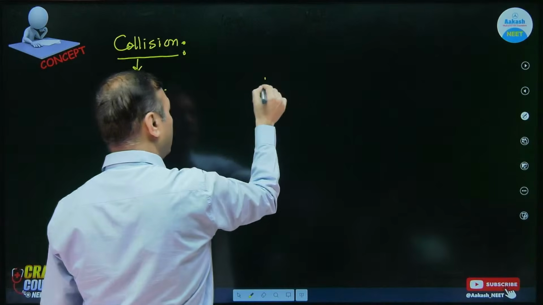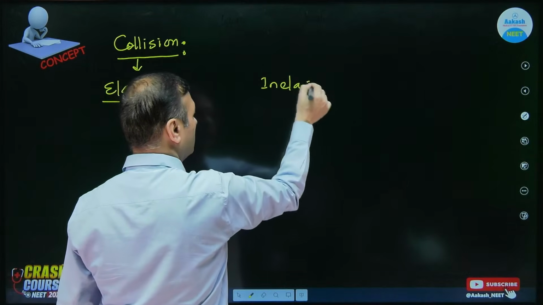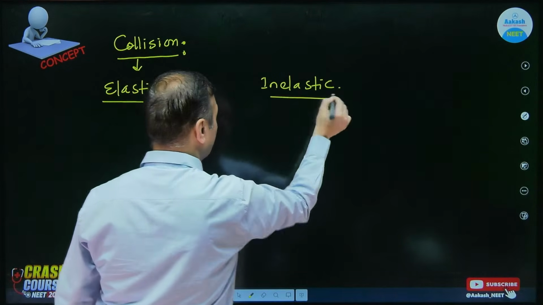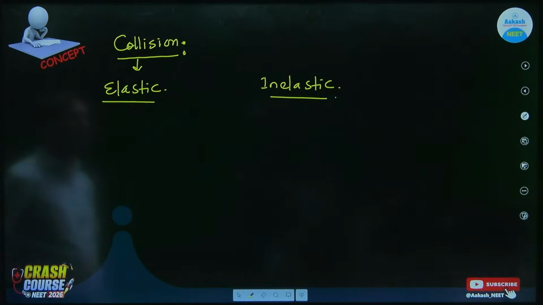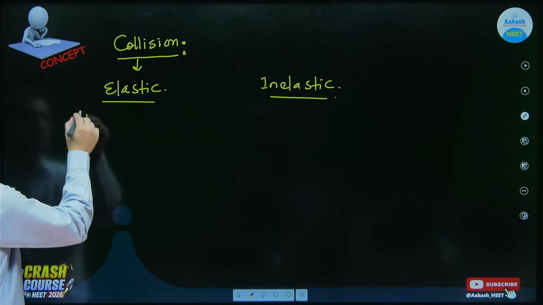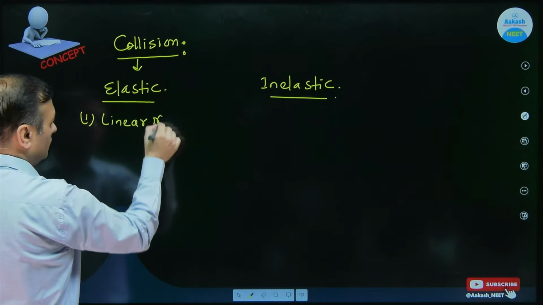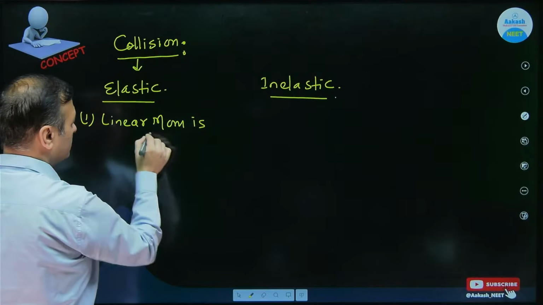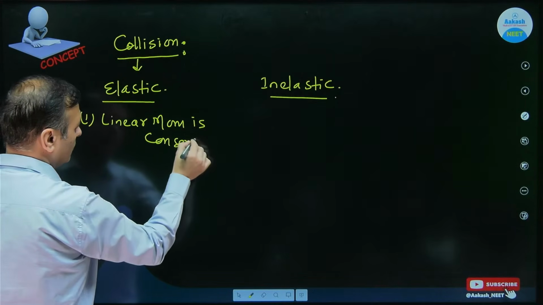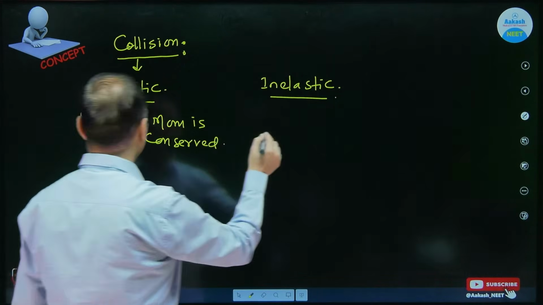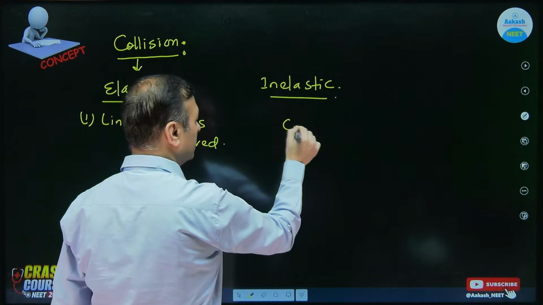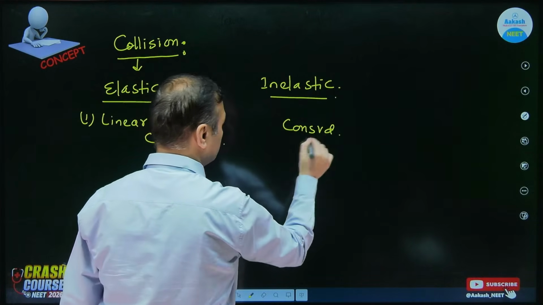So because of this nature, we have elastic collision and inelastic collision. Got it? So in elastic collision, your linear momentum is conserved, and even in inelastic collision, your linear momentum is conserved.